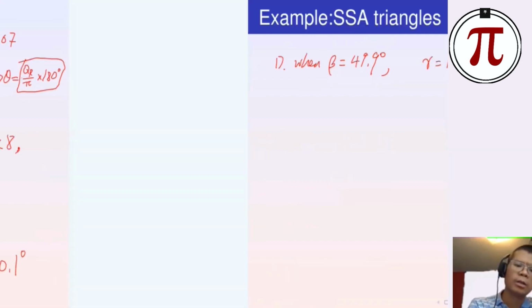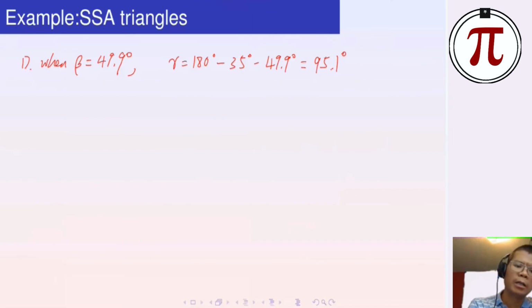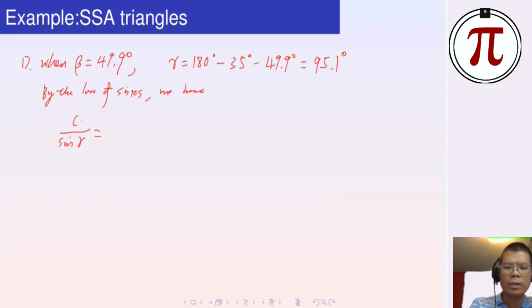Okay. So now can we find the side for C in this case? So by the law of sines, we have C over sine gamma equals either way, right? So you can use 6 over sine alpha, which is 35 degrees.